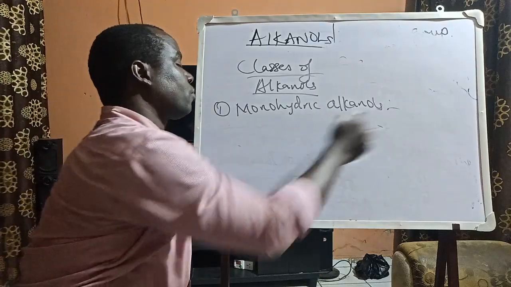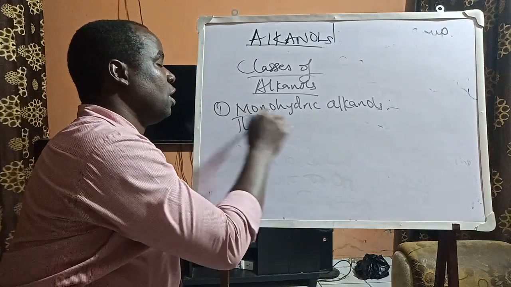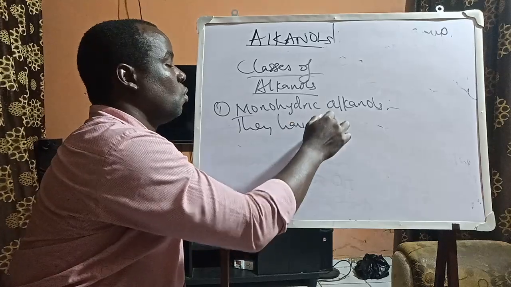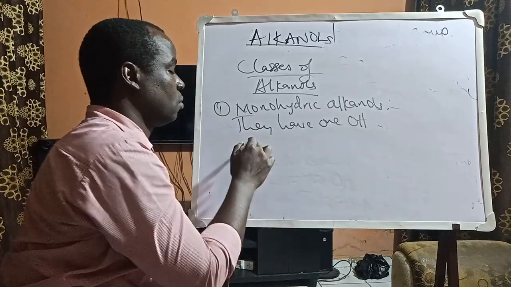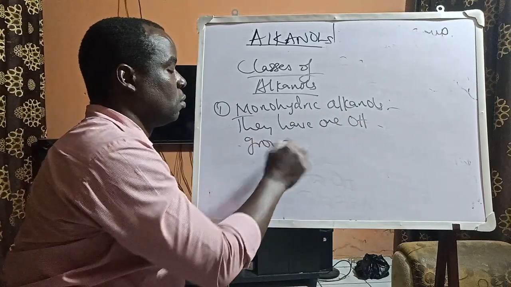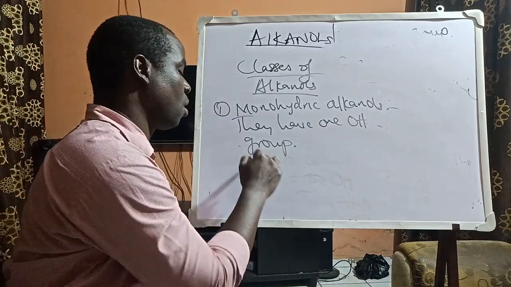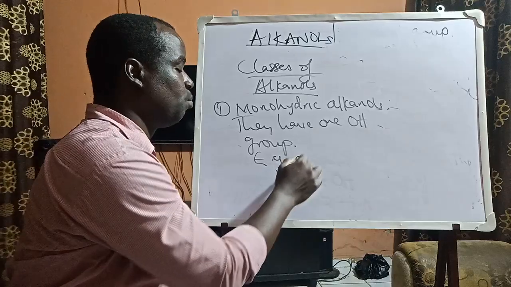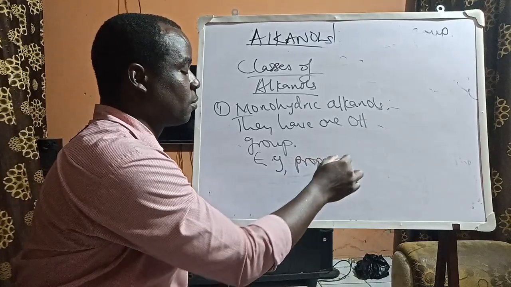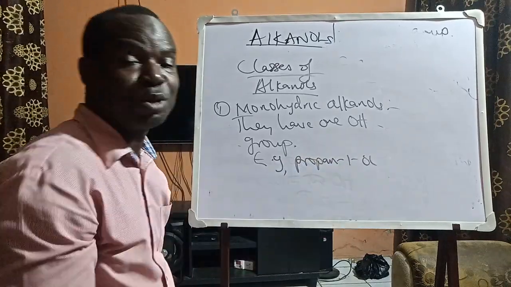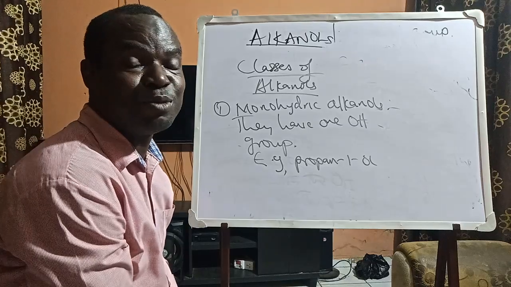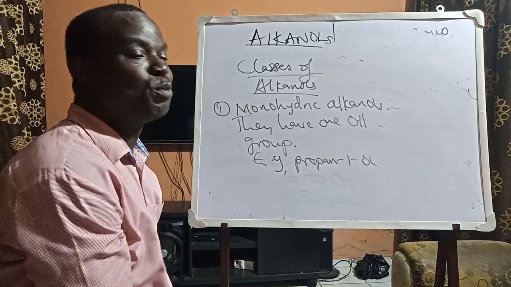So they have 1 OH group, e.g. propan 1-ol. Somebody will say that I like using propan too much, or propan 1-ol.